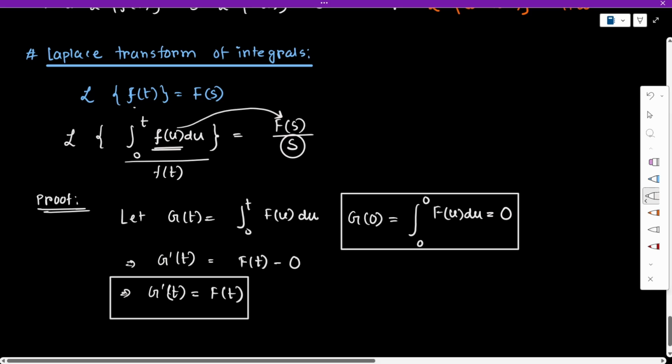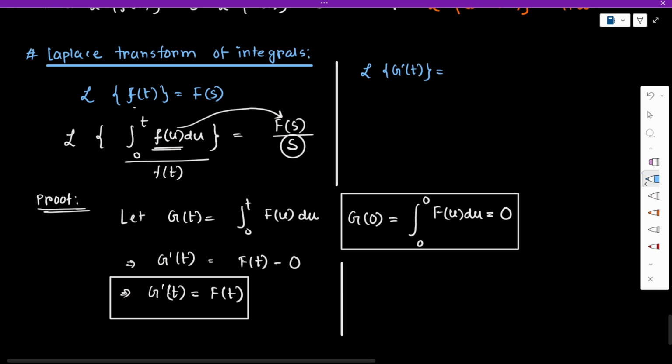I think you have all guessed where I am going with these expressions that I have found. Yes, we're going to use the Laplace transform of derivatives to find the Laplace transform of integrals. So if we take the Laplace transform of g prime t, what does the expression become?